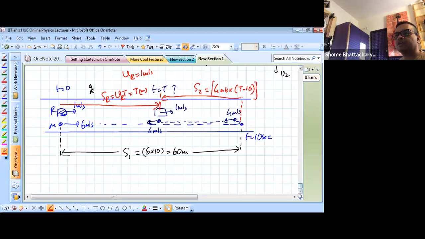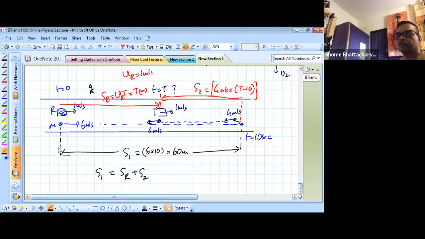Because here the time was capital T, but that's from t equal to 0. So upstream, for how much time has it gone? From 10 to capital T. So the time for which that velocity is upstream is t minus 10 seconds. Now in the diagram you can see that S1 equals the sum of the displacement of the raft plus the upward displacement of the boat.